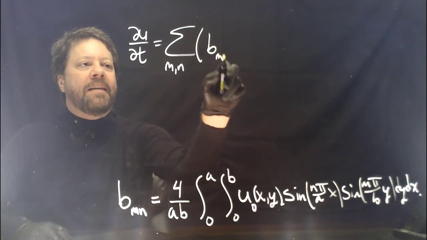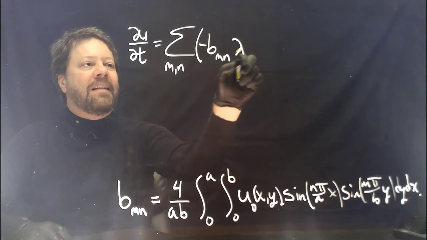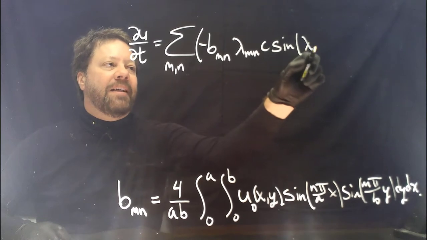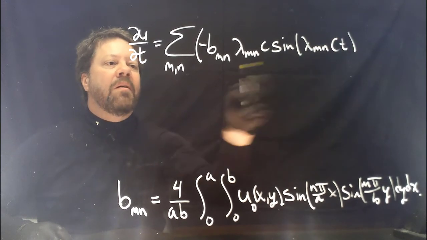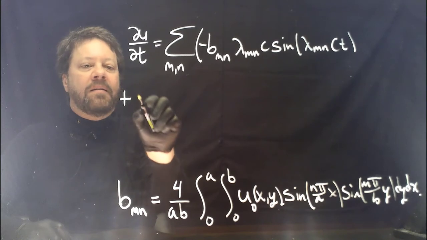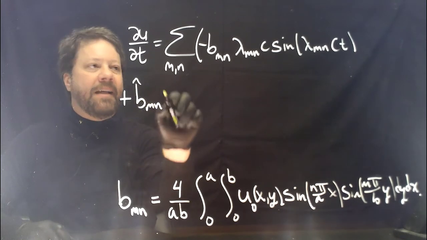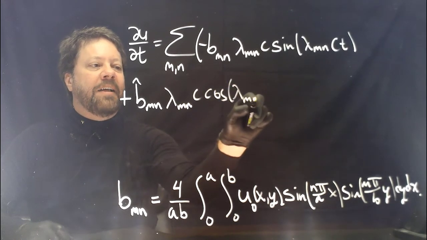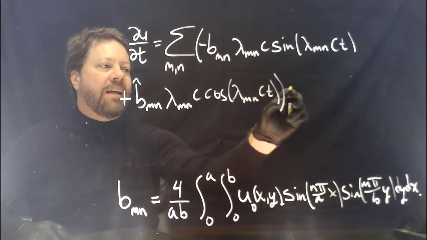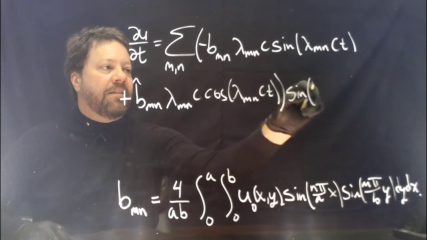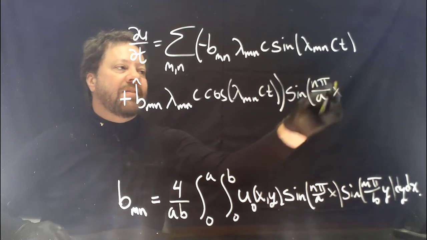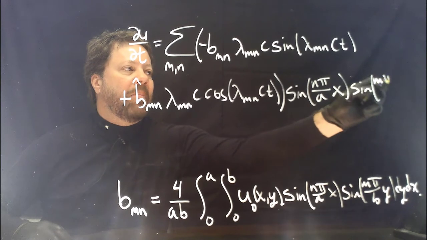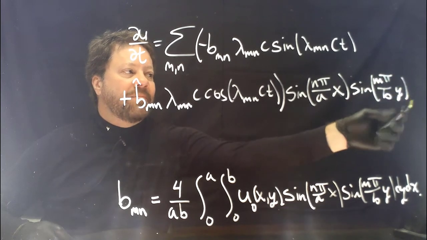The b mn's times minus lambda mn c sine lambda mn c t plus b hat mn lambda mn c cosine lambda mn c t, all times the sine of n pi over a x sine m pi over b y.